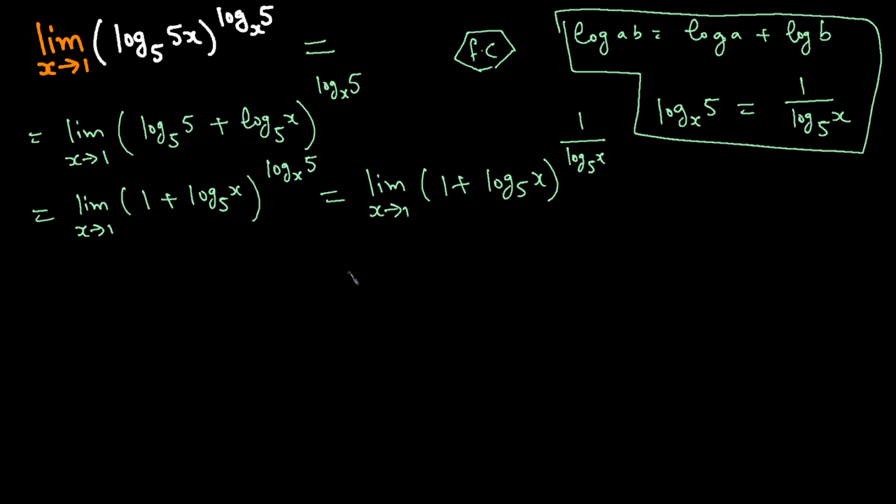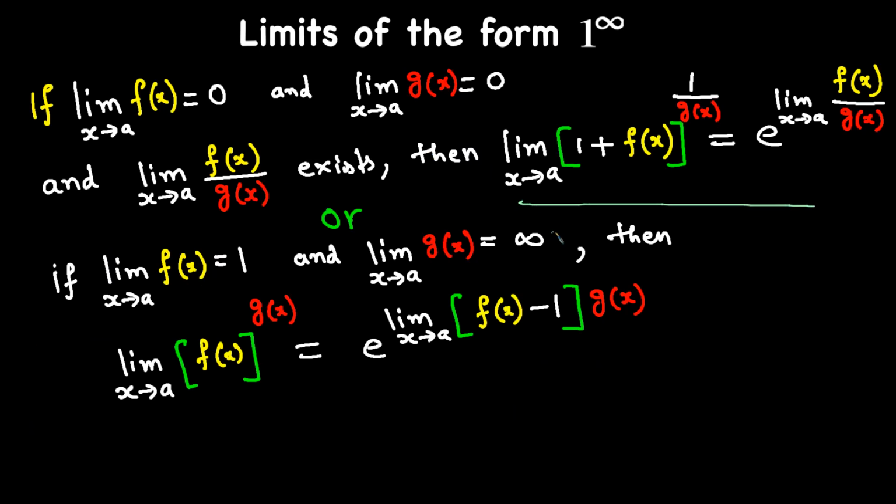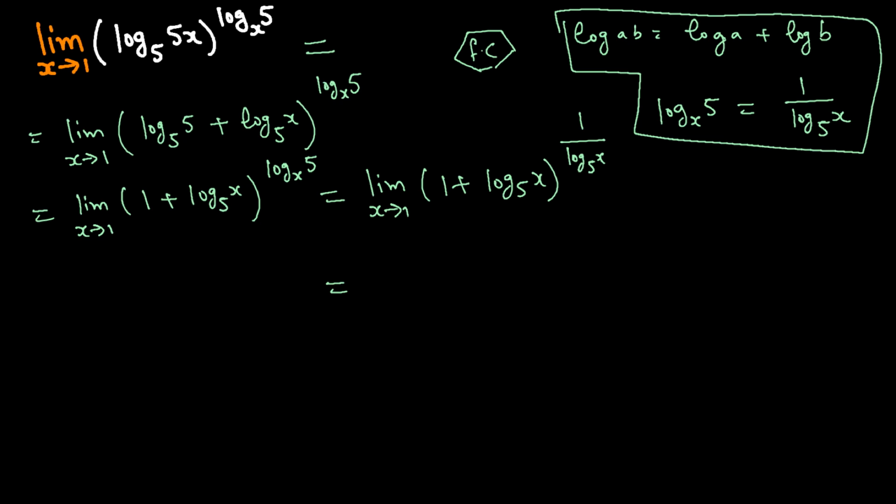All right, so that looks like our original formula. You remember: limit x approaches a of 1 plus f(x) raised to the power 1 over g(x) is equal to e raised to the power limit x approaches a of f(x) over g(x). That's what we're going to use in this example again.